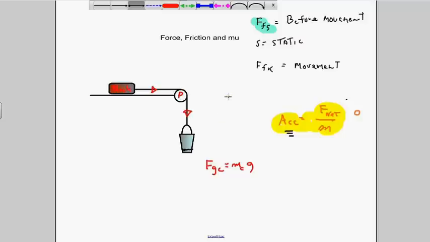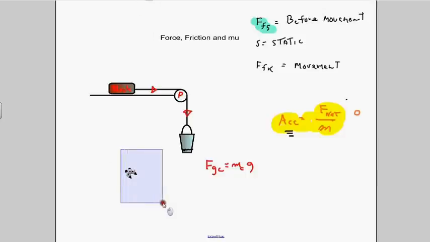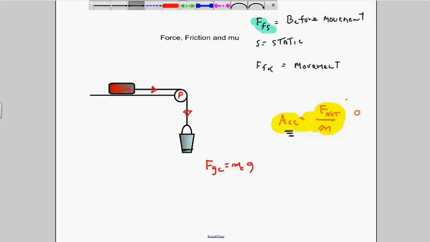So we add some pennies, and we now have, oops, that's not what I wanted. Okay, try that again.